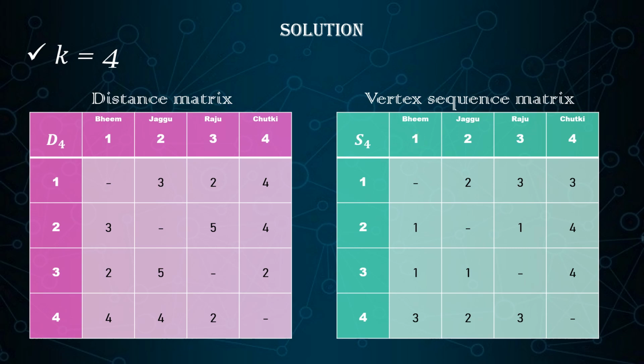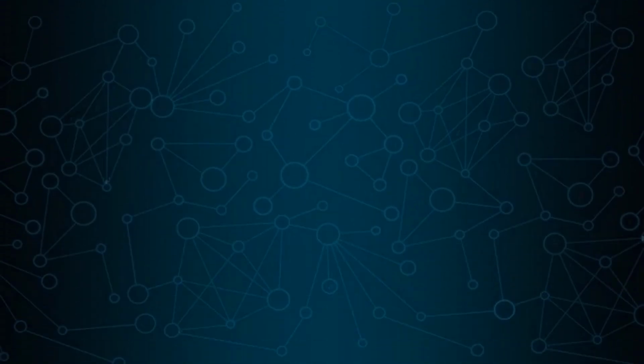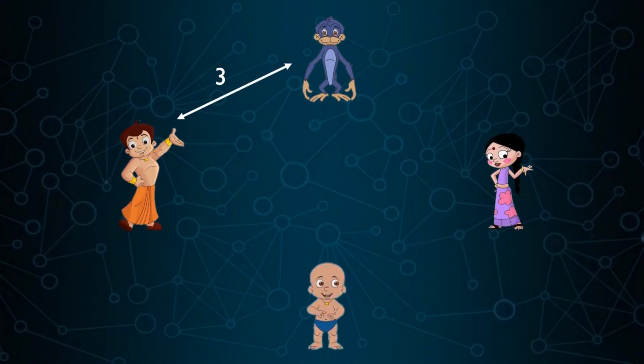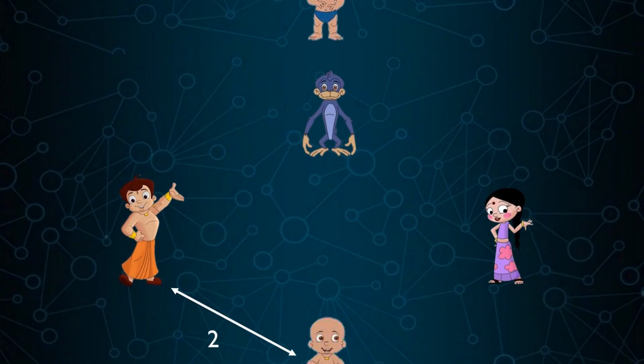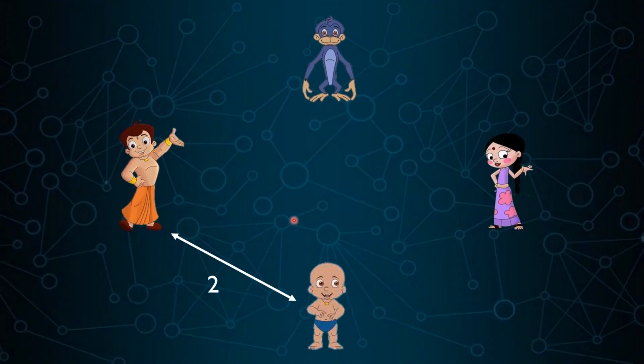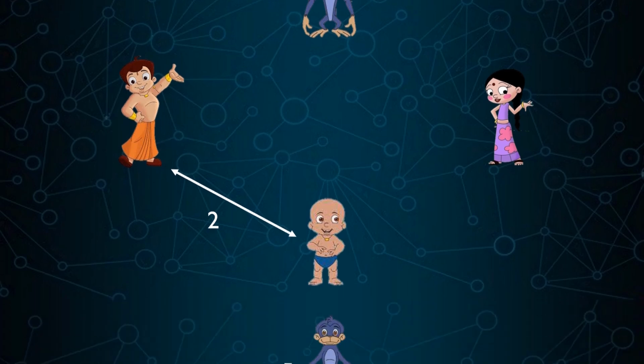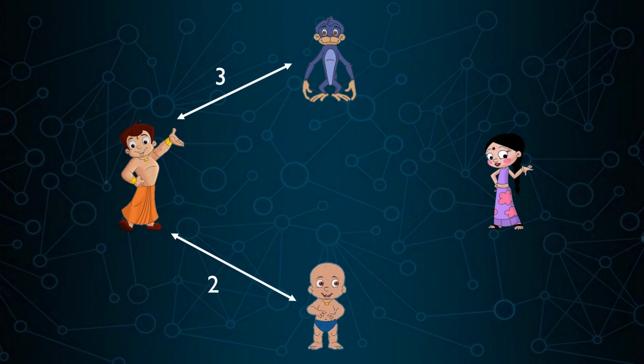To conclude, we have the shortest distance between Beam and Jaggu to be 3. The shortest distance between Beam and Raju is 2. The shortest distance between Jaggu and Raju is 5.